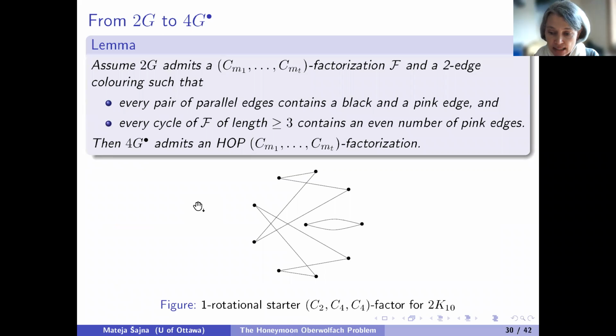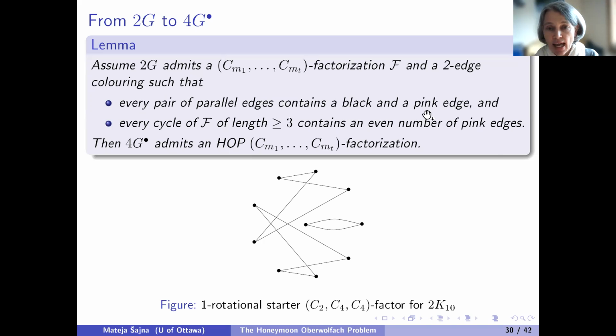Now, the next easiest case is when we have a two-factorization of a specified type for the twofold graph G, where G is, again, a simple graph. Normally, this will be the complete graph. However, a little bit more is needed in this case. In addition to this two-factorization, we also need to have a two-edge coloring. I'll use the colors black and pink here, so that every pair of parallel edges contains a black and a pink edge.